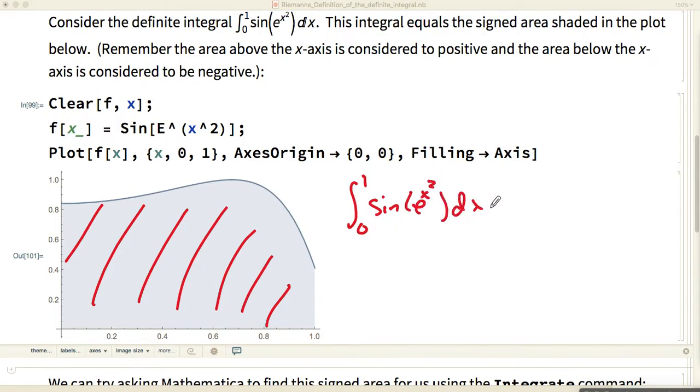But if I try to find an antiderivative of this particular integrand using the techniques that we know, there is no easy antiderivative.